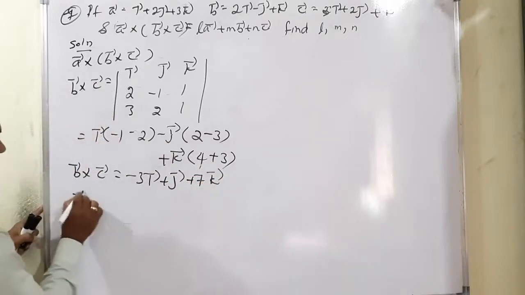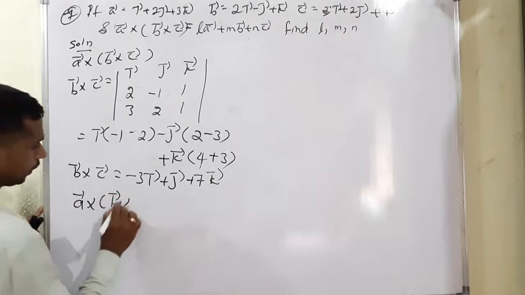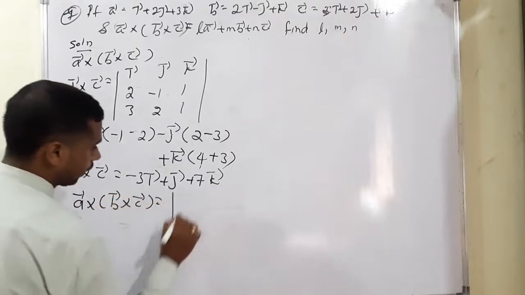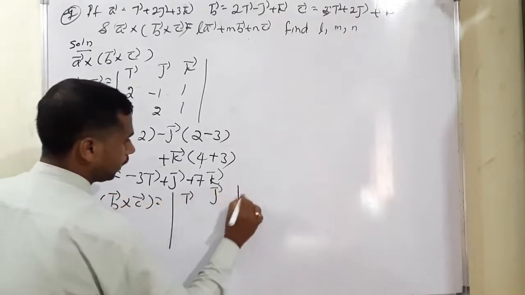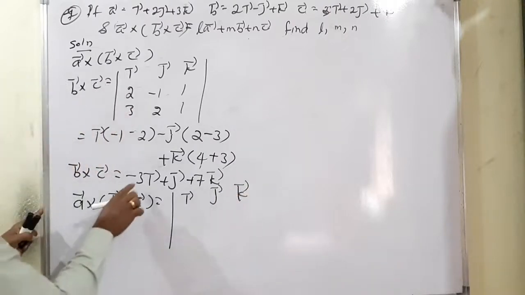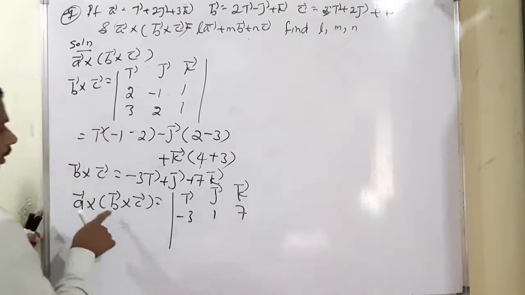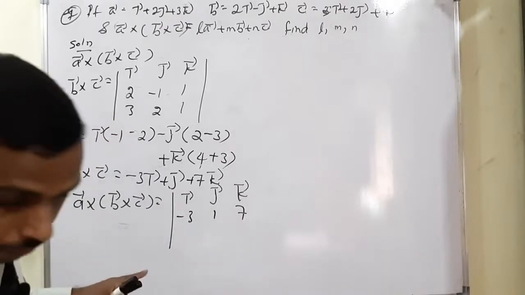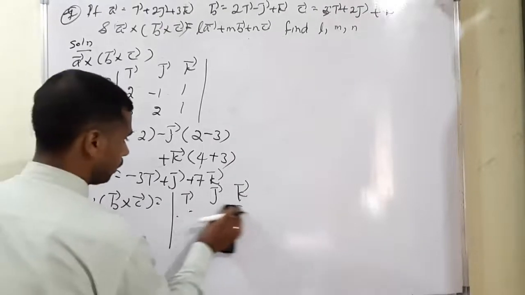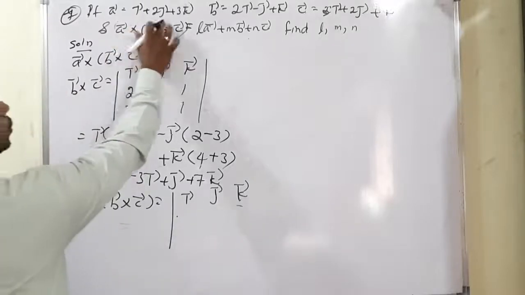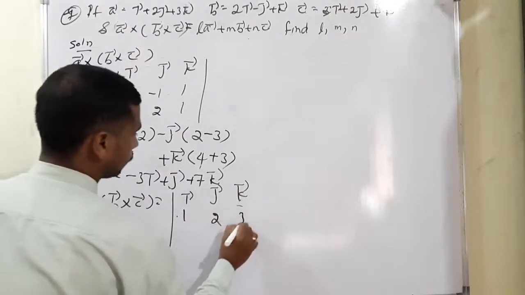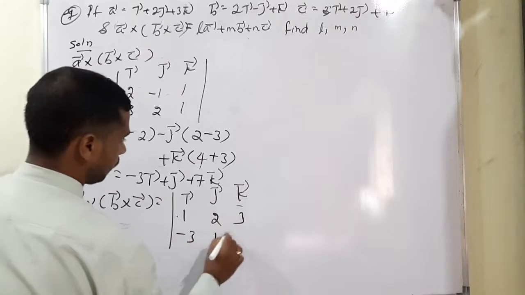Then A vector cross (B vector cross C vector), again the determinant i vector, j vector, k vector, with minus 3, 1, 7. Sorry, my dear, first we write A vector, which is 1, 2, 3, then minus 3, 1, 7.